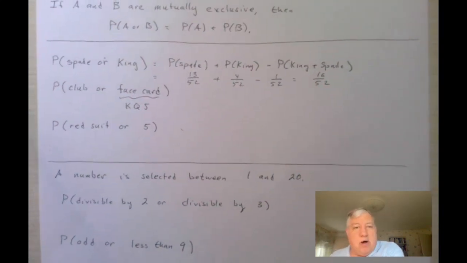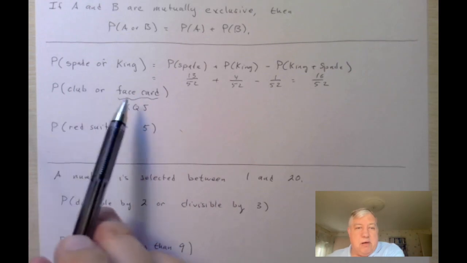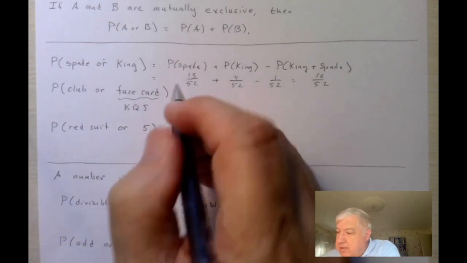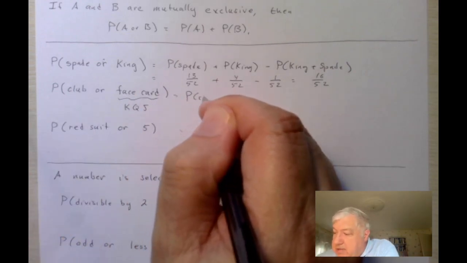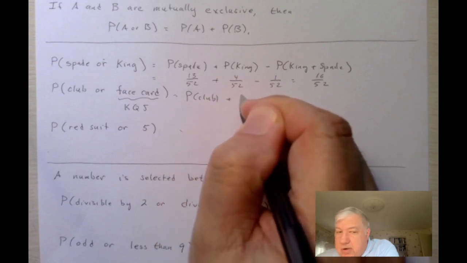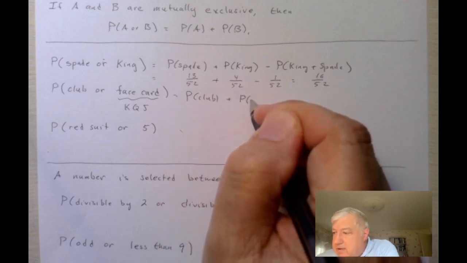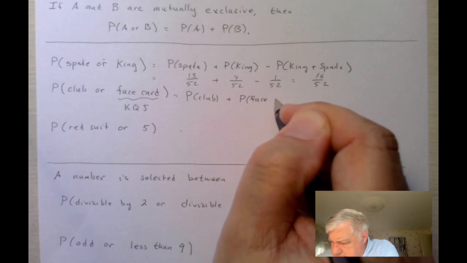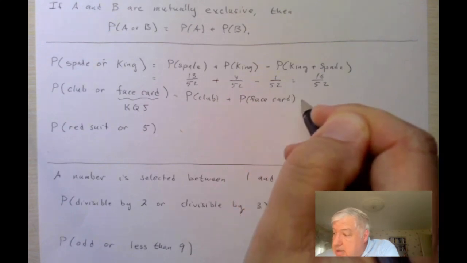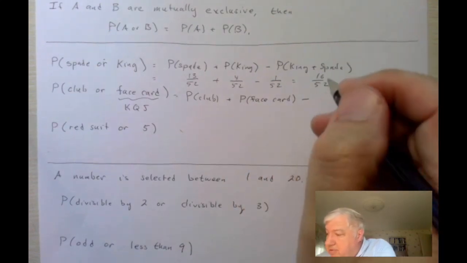If we wanted to talk about the probability of a club or a face card, this would be the probability of a club plus the probability of a face card minus the probability of both.